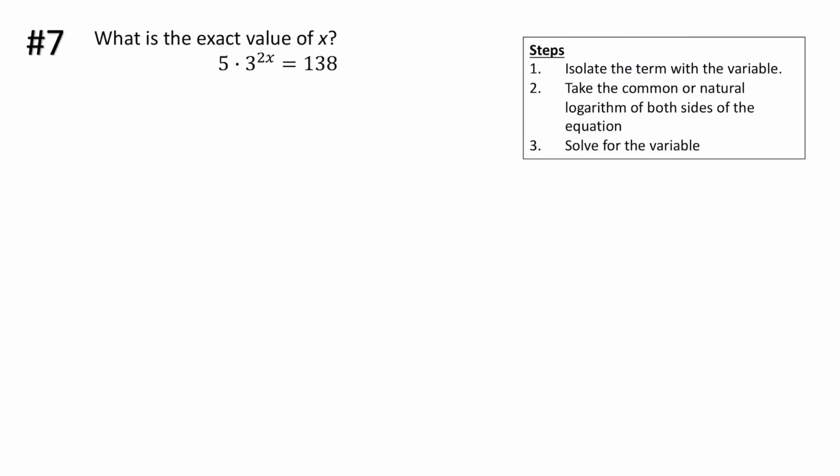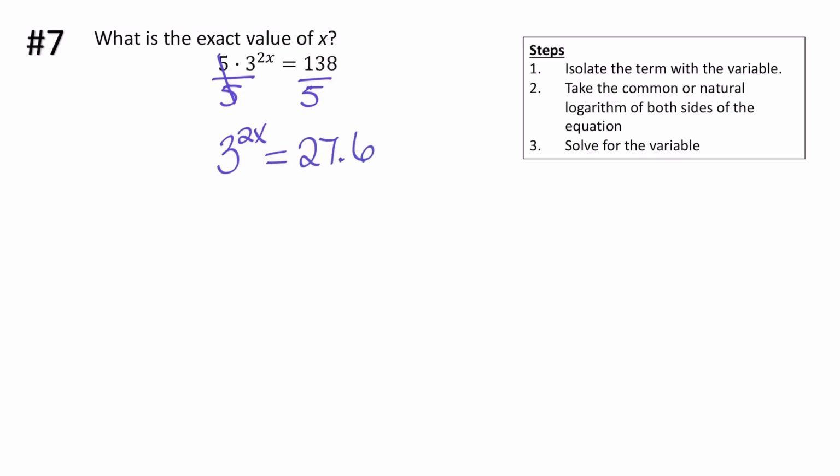So in this problem, it says, what is the exact value of x? Okay, so what we need to do is get that term with a variable by itself. Well, we have 5 times 3 to the 2x. So I'm going to start off by dividing both sides by 5 in order to get that 3 to the 2x by itself. So I have 3 to the 2x equals 138 divided by 5, and that gives me 27.6.